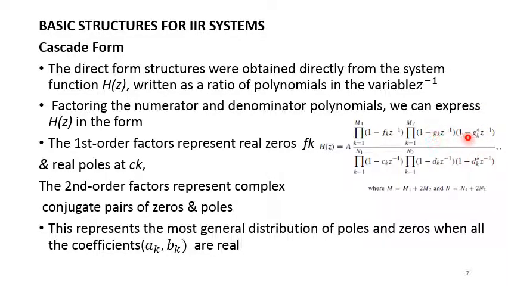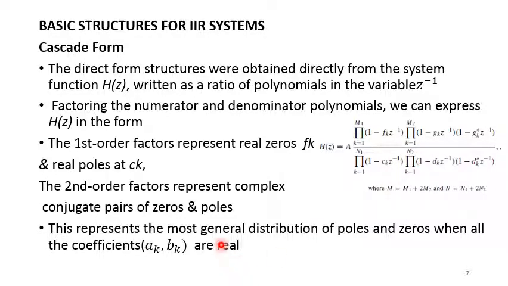So the second order factors represent the complex conjugate pairs of zeros and poles, and here we say M equals M1 plus 2M2, right? So the order of the zeros, and similarly the order of the poles, is N1 plus 2 times N2. This is the order of the poles.